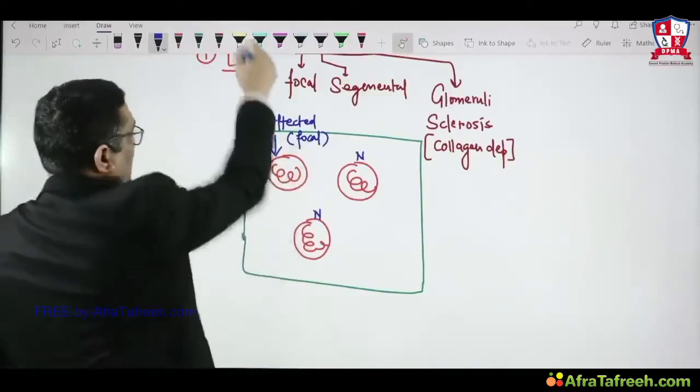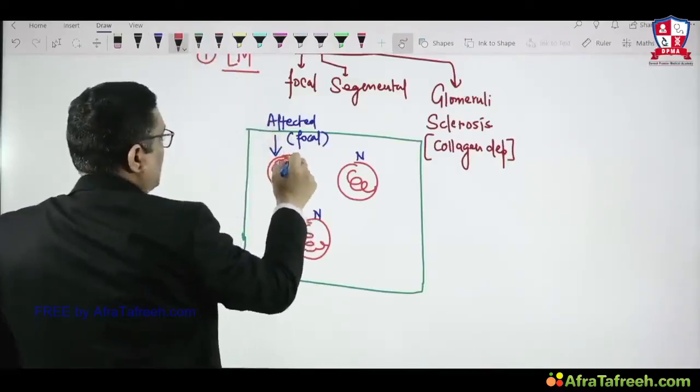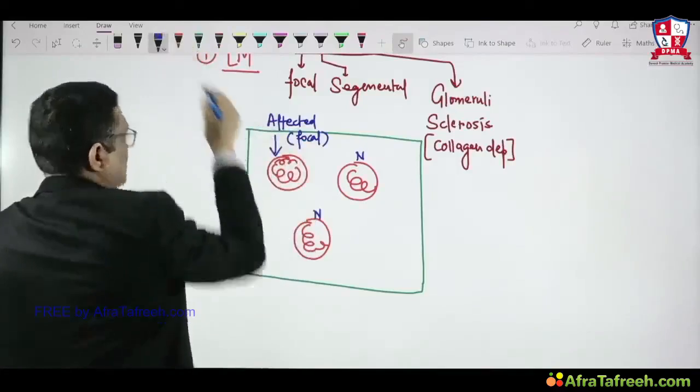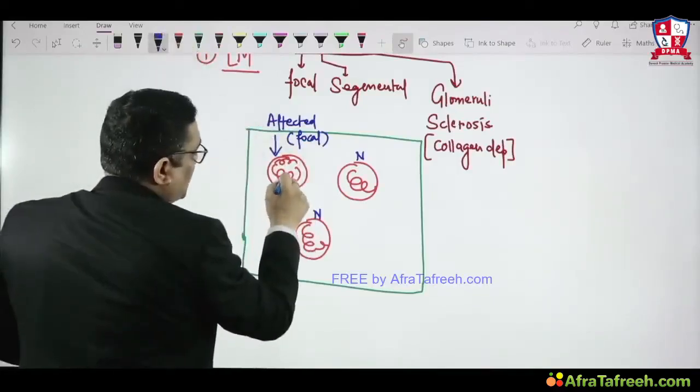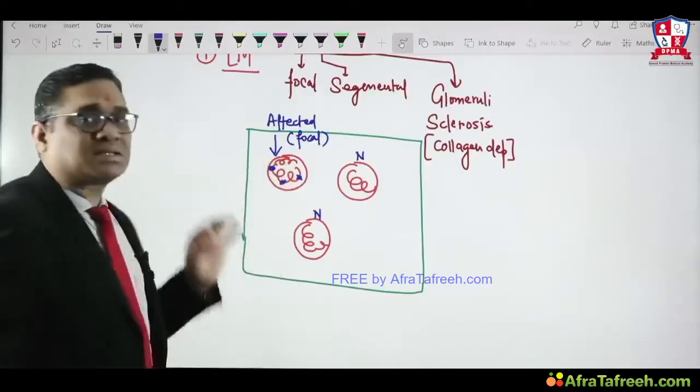In that affected glomerulus, if you see this capillary, not the entire capillary will have collagen deposition, only some areas like this. That is called segmental.